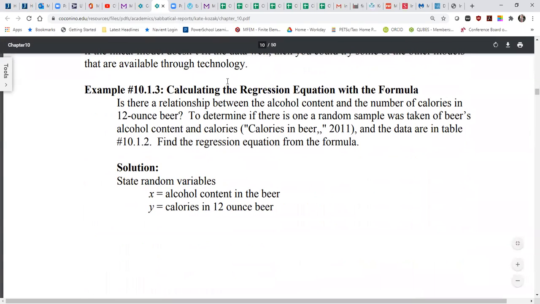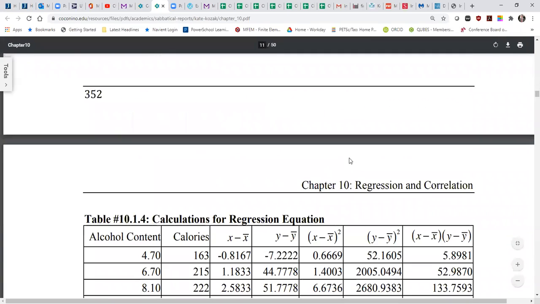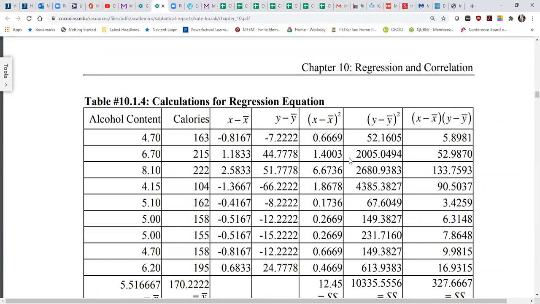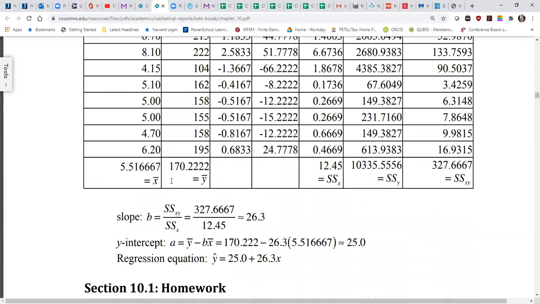Yeah, so this is another example using the formula, right? If you want to use the formula, that means you do it manually, okay? So you need to do it one by one. You put the alcohol here, and then put the calorie here, and then you define the mean down here.